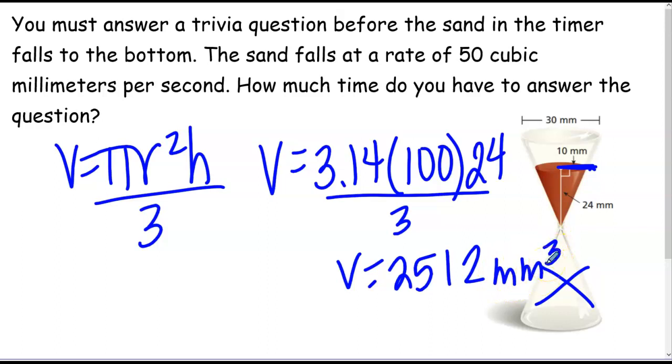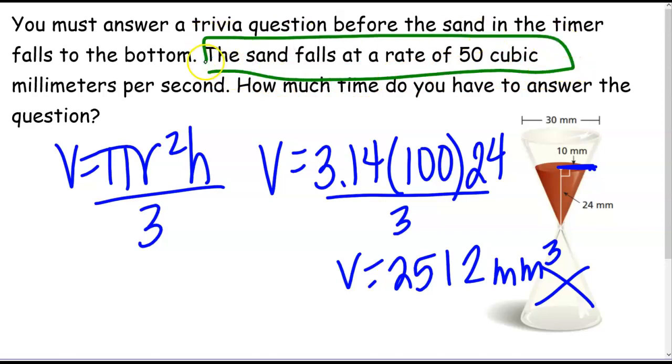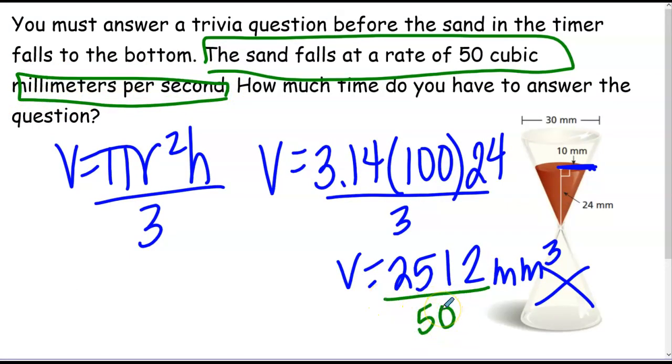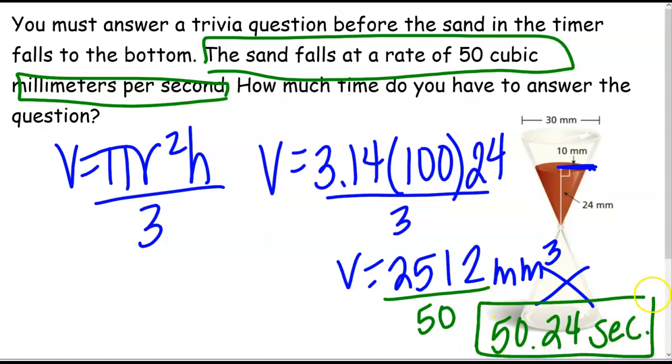Now this says the sand falls at a rate of 50 cubic millimeters per second. So let's go ahead and divide this by 50. And then that's going to tell me how many seconds I have. I have 50.24 seconds to answer my trivia question.